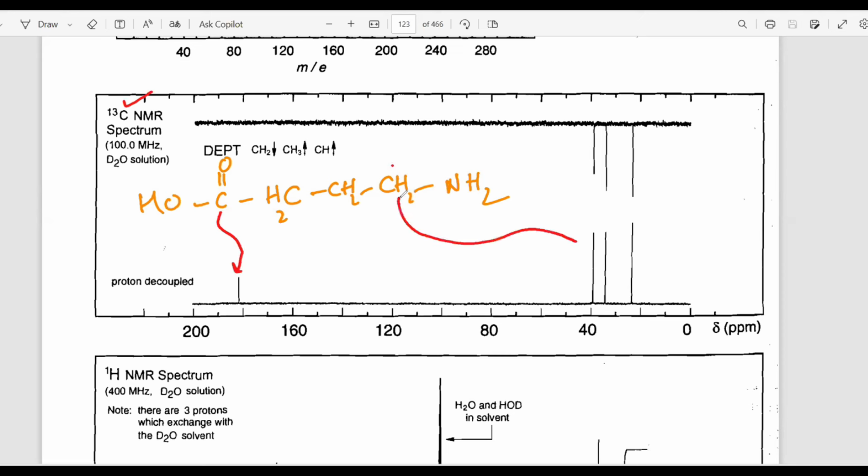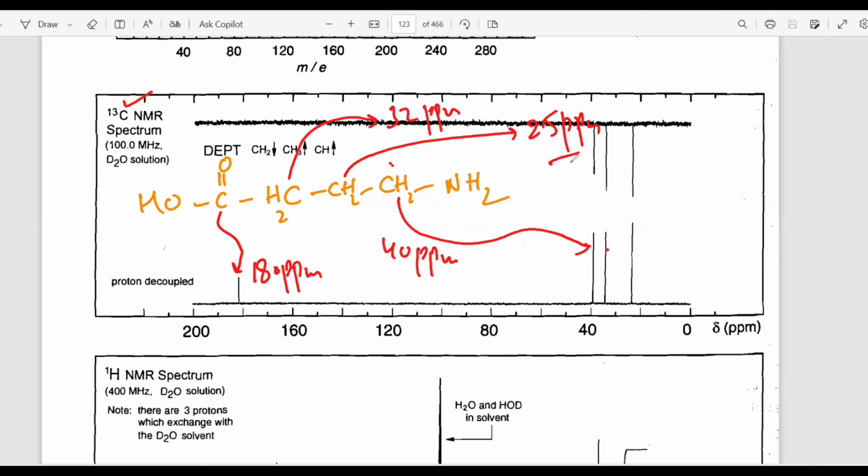This carbon appears around 160, 170, 180 ppm. You can write the ppm directly as well, 180 ppm. This carbon will appear around 40 ppm. This carbon is this one, and it is going to appear around 32 ppm. And this carbon will appear around 25 ppm. So this is the way you will be able to solve a spectrum like this.